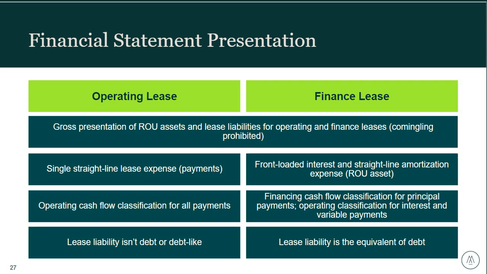Cash flow is your cash flow, but where you put it, in which section of cash flow, differs. And then your income statement is probably the biggest driver, the biggest difference.